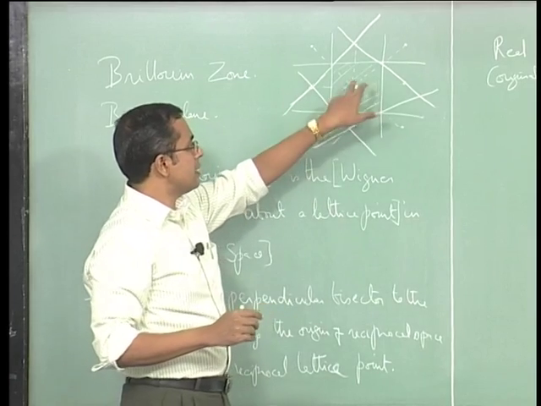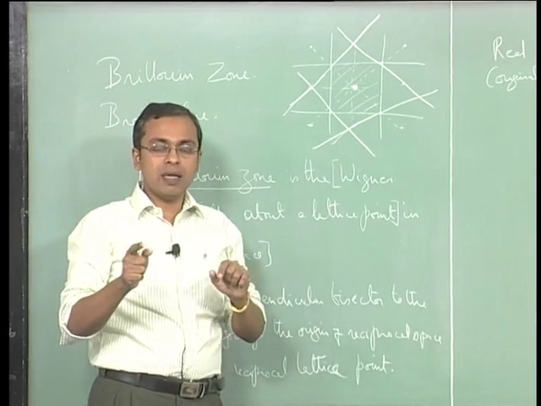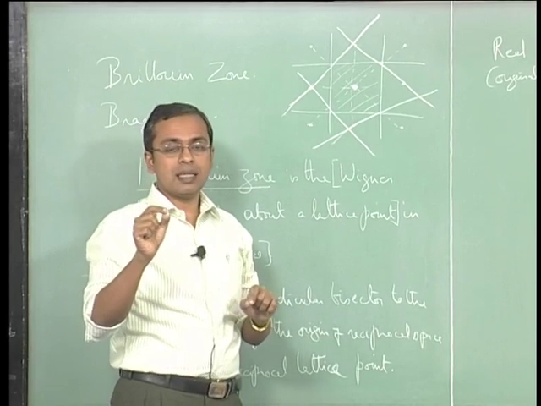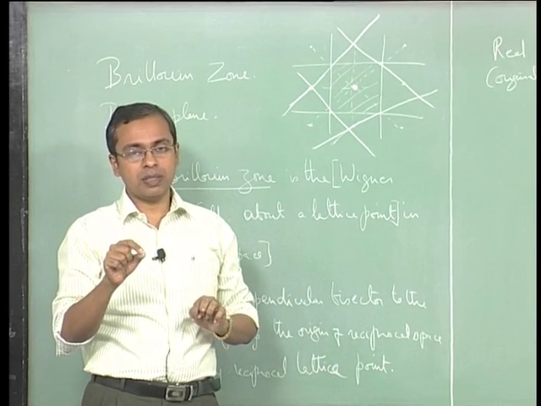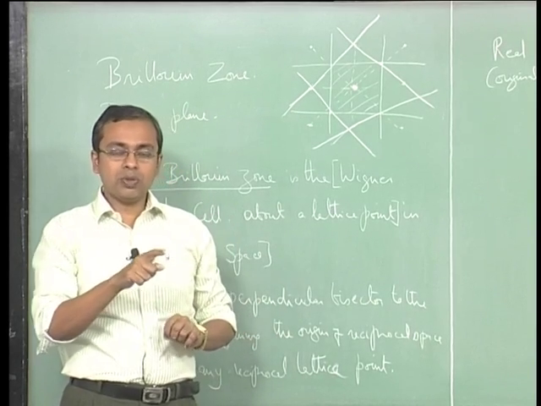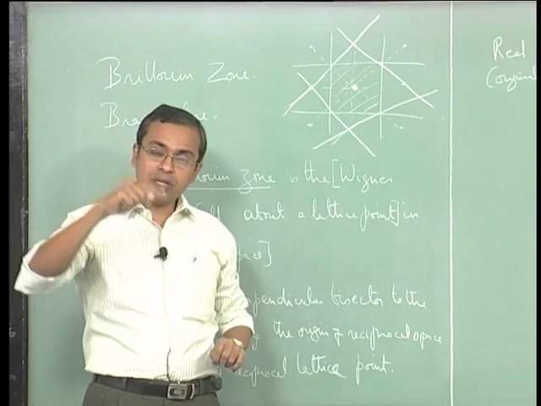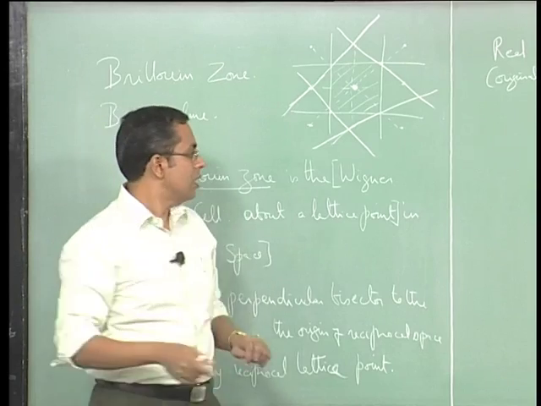And so we restated the definition by saying the first Brillouin zone is the region that you can access from the central lattice point, the origin of reciprocal space, without crossing a single Bragg plane. The second Brillouin zone is the region that you will access after you have crossed the first Bragg plane, but you do not cross the second Bragg plane, right. So, that is how you go.